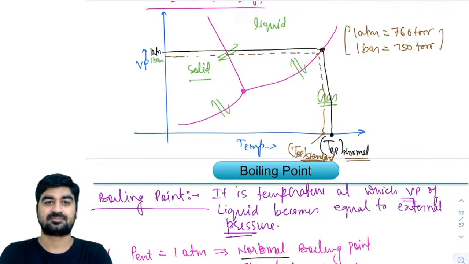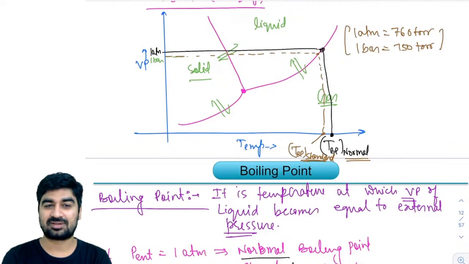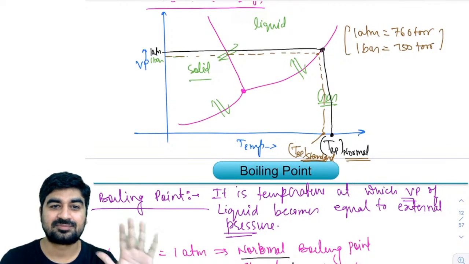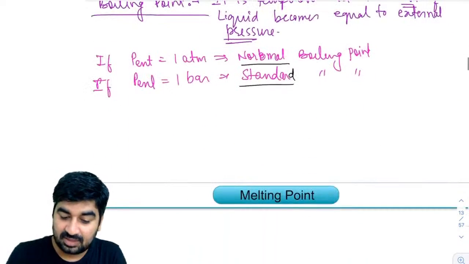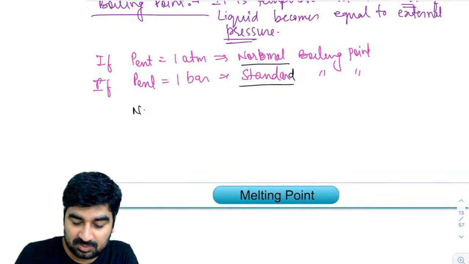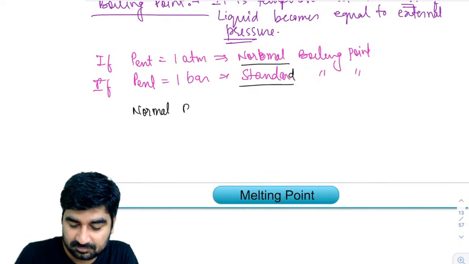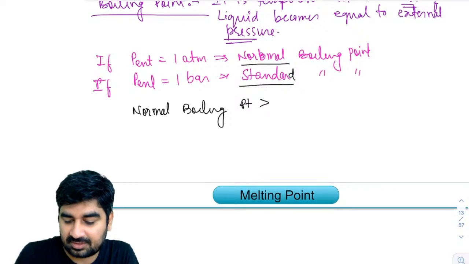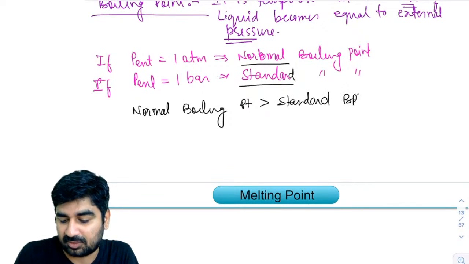Got it, guys? Any doubt? Is that clear now? So here I can write, guys, please make proper notes. Normal boiling point is greater than standard boiling point.